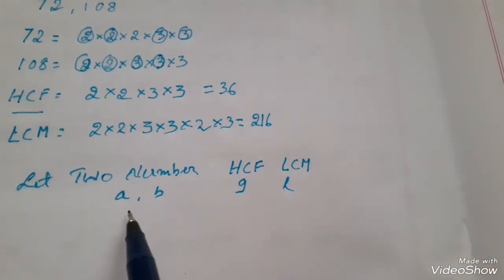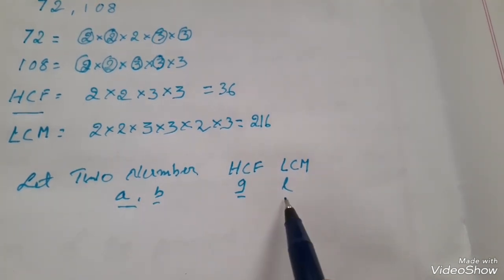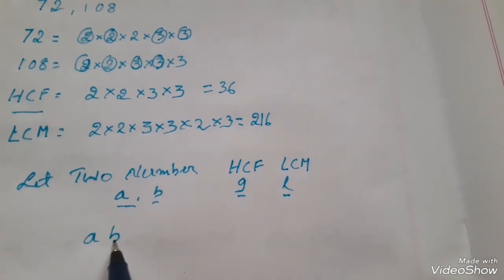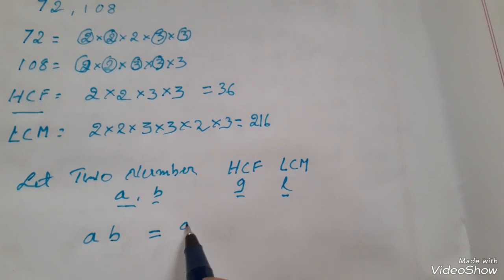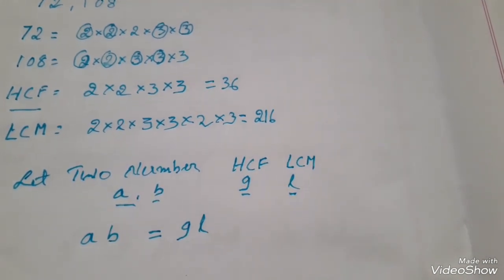Now the relation among these two numbers, HCF and LCM is: the product of two numbers, that is A into B, is equal to the product of HCF and LCM.